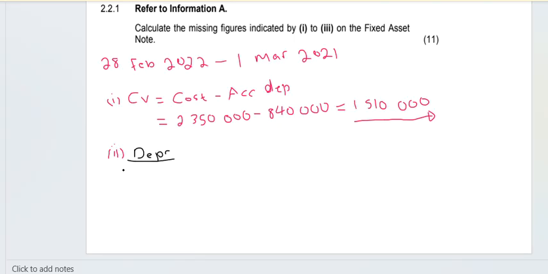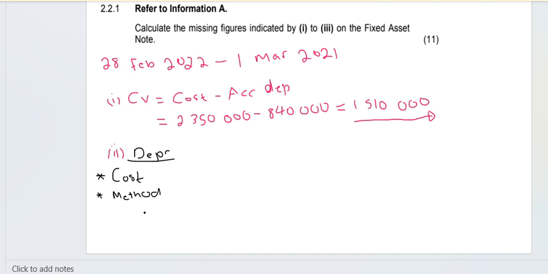For you as a student to get a depreciation, number 1, you need a cost. Number 2, you need a method, because it's very important. You need a cost, you need a method.